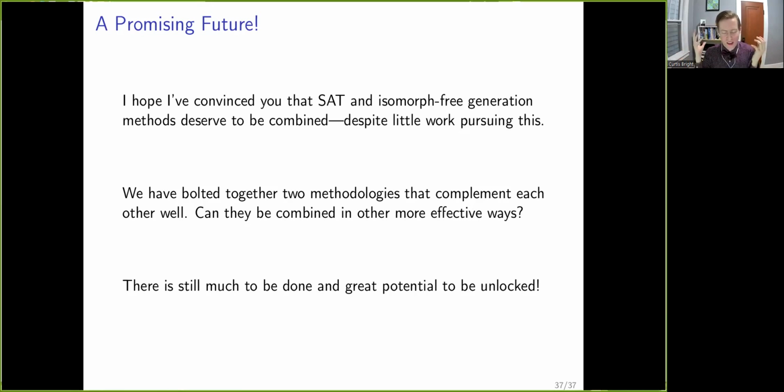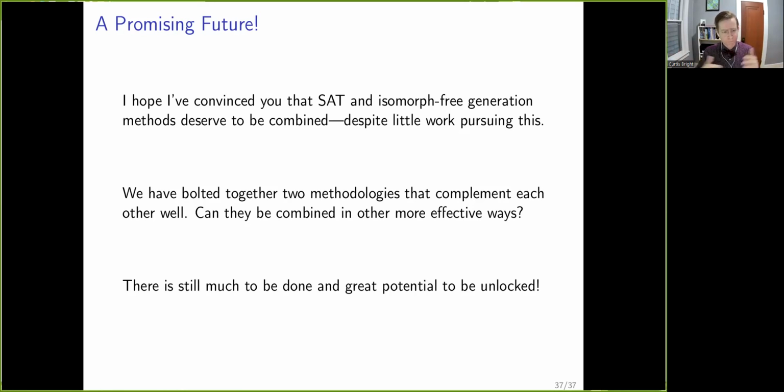If we could really take the wisdom of the SAT community and the wisdom of the computer algebra community, and then design a SAT solver which could do isomorph-free generation from the ground up, maybe we could get even better results, right? Rather than just plugging one method into the other. That's an open problem, so I'll pose it as a topic of discussion later.